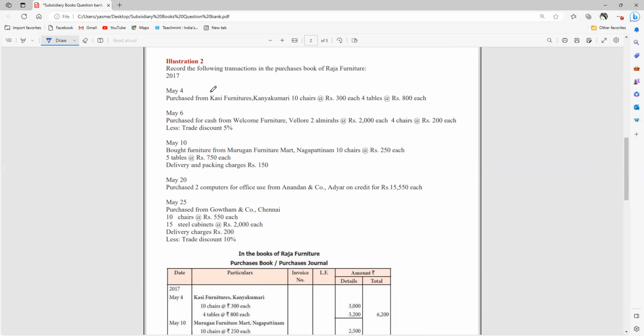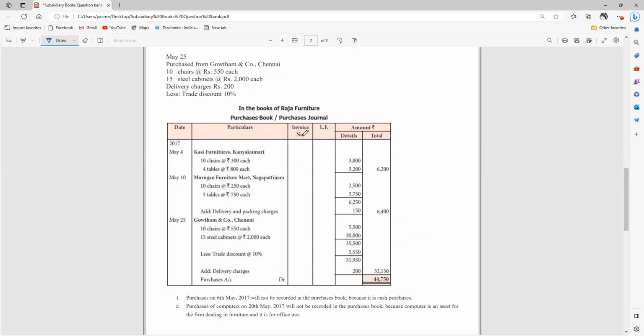2017, May 4th, purchase from Kasi Furnitures, Kanyakumari, 10 chairs at 300 each, 4 tables at 800 each. Here the format of the purchase book is the same: date, particulars, invoice number, ledger folio, amount in details, and total. You can follow the format which we are following in the classroom, or however you want.